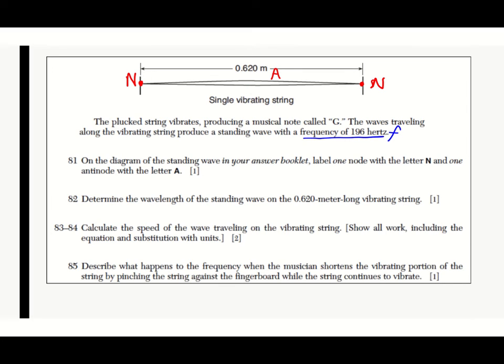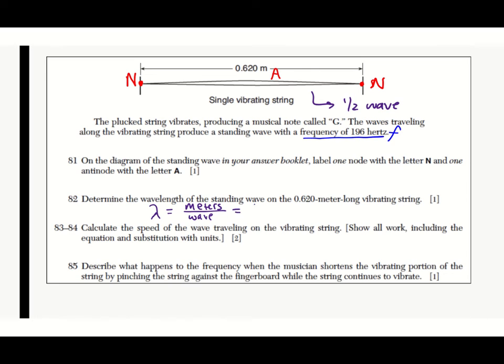Okay. Number 82, determine the wavelength of the standing wave on the 0.62 meter long vibrating string. So in our case here, we have a string that shows a standing wave that's half the wavelength. So this wave is half a wave. Wavelength I like to use by definition as meters per wave.